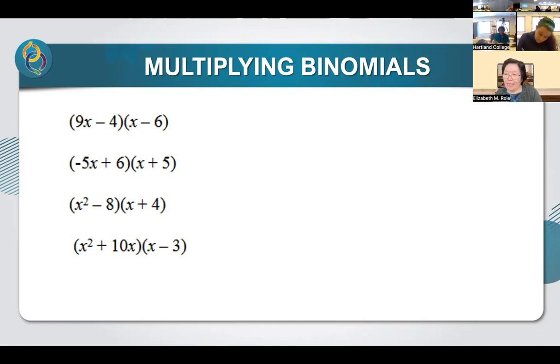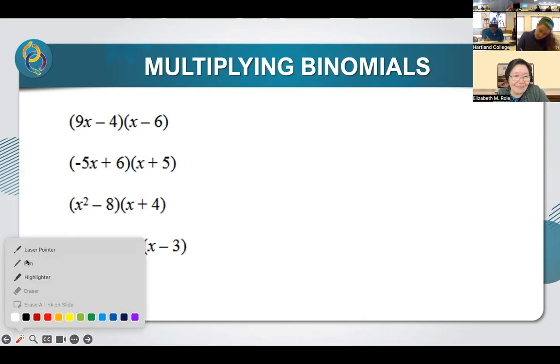Okay. So can we answer this without even writing? Without putting in the working, you just write the answer, okay? It's possible for you to do this with practice. So you're saying 9x squared. Okay, I'm sorry, I will change my highlighter to my pen.